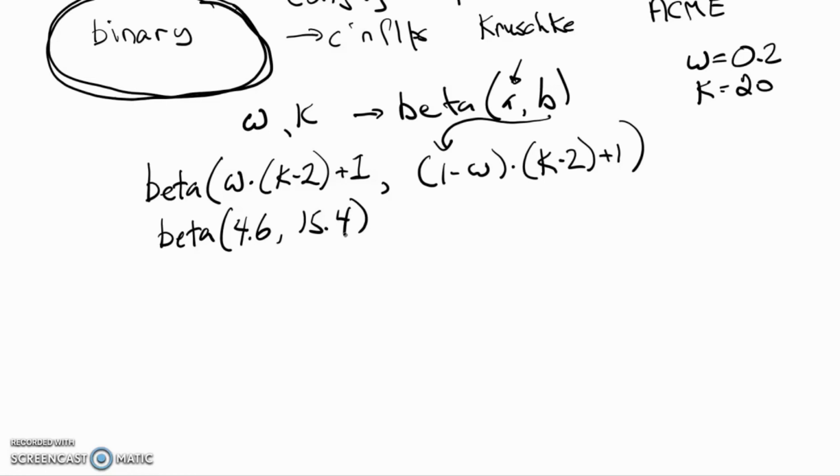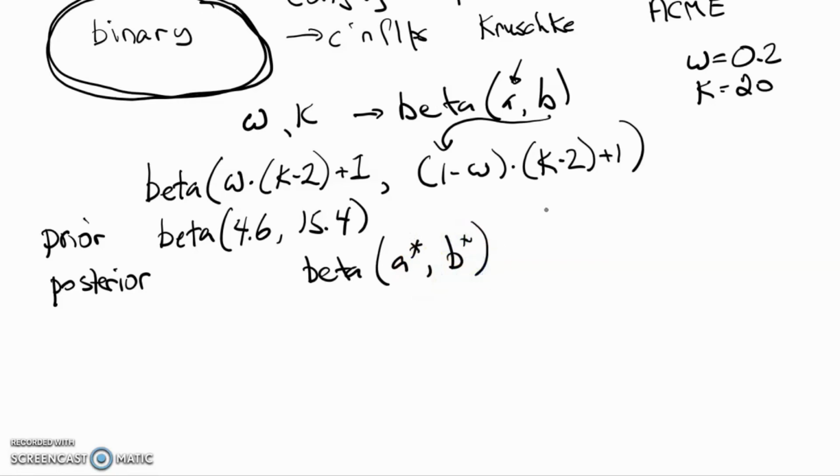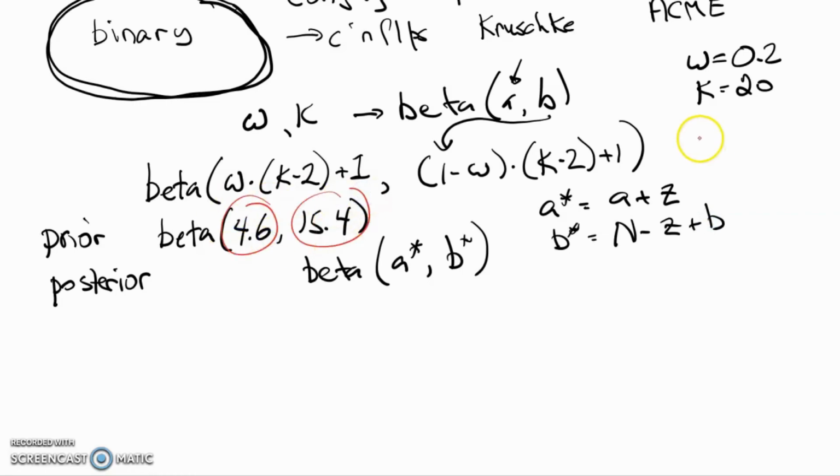And our magic says that if this is our prior, then our posterior is going to be beta A star B star, where A star is equal to A plus Z, and B star is equal to N minus Z plus B. And we know what A and B are. And we also know that Z was equal to 3 in N equals 7 trials.